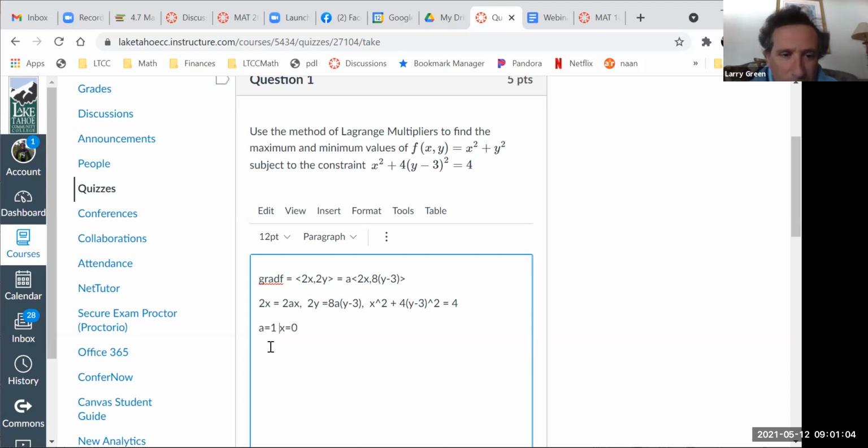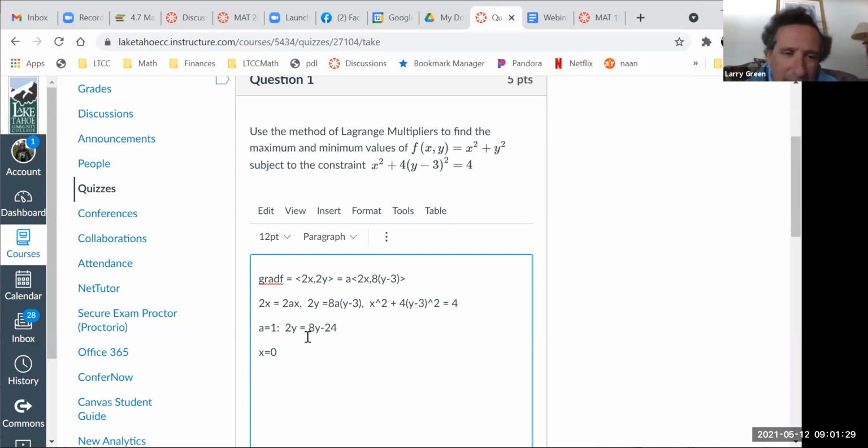Because if a equals 1, then we can work this out. If a is 1, then 2y is equal to 8y minus 24. Any questions on putting a equals 1 and multiplying the 8 through?